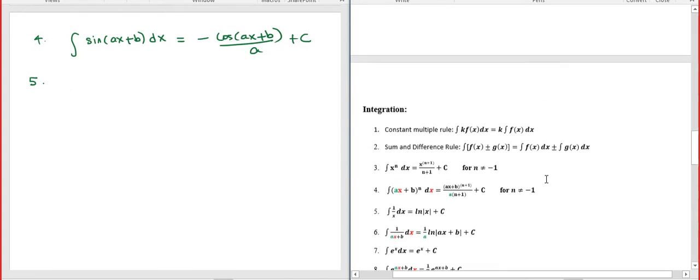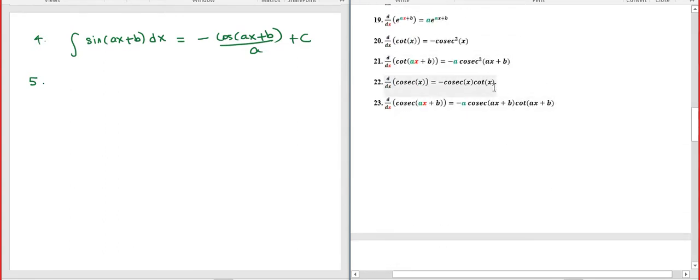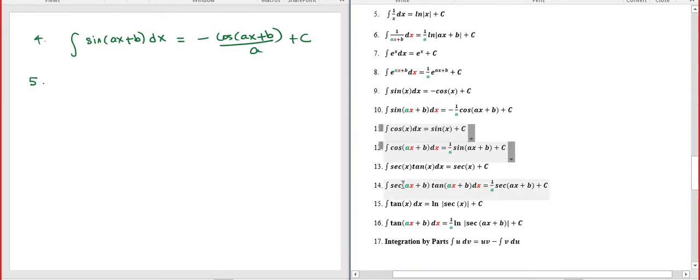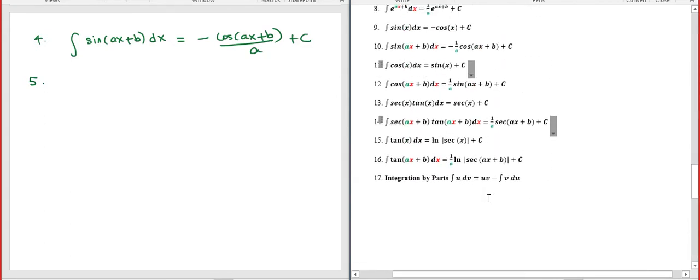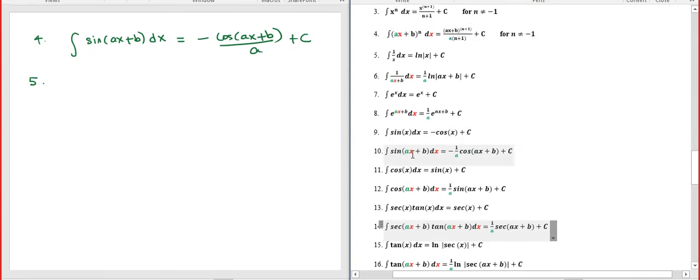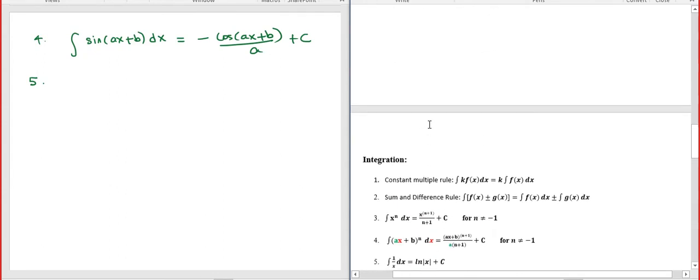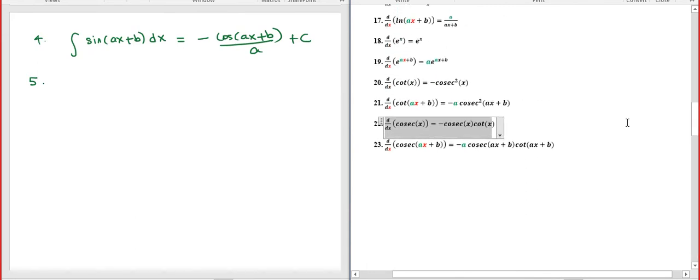Okay, and the same way, the derivative of cosecant x is minus cosecant x cot x. Sorry, I missed writing this rule. Okay, so this is how it works.